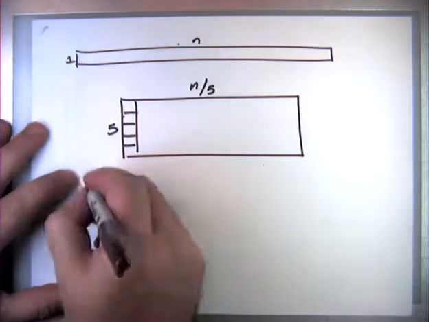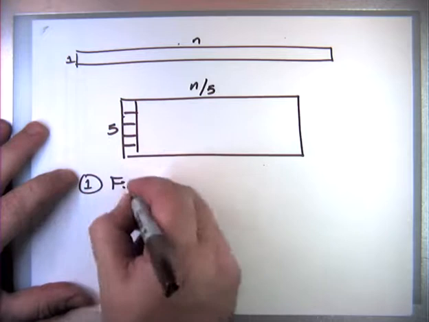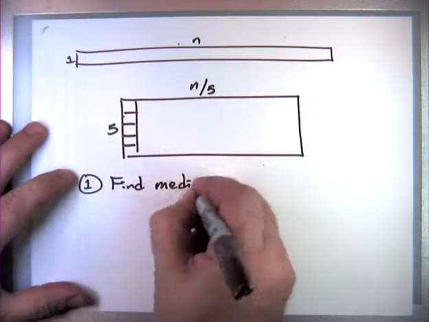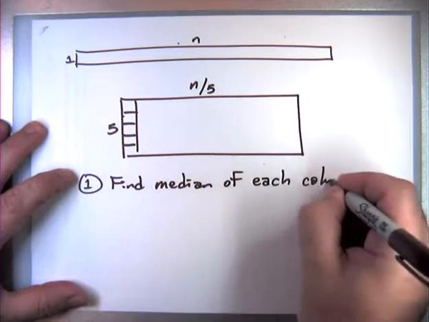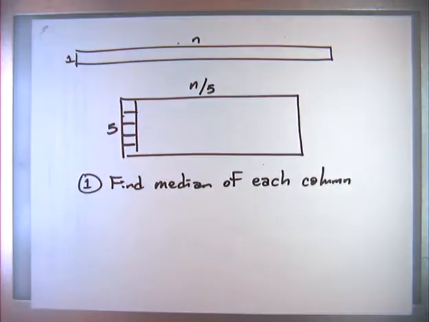Now, let's start by finding the median of each column. So how long does it take to find the median of 5 things? Constant. Good. How long does it take to find the median of 10 billion things? Constant. Good. Right?